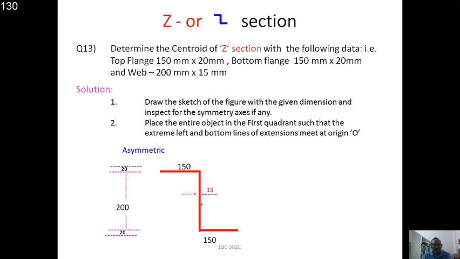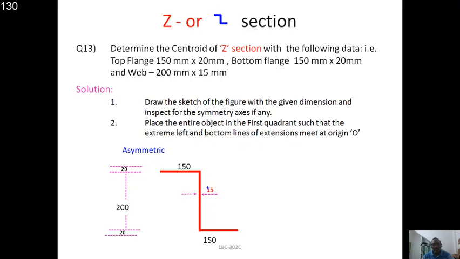Can you find any symmetrical axis here? Let us try to draw a symmetry axis. Is it symmetric or not? We have to see that. So I am drawing a line here to understand whether it is symmetric about both axes. No, because it is not a mirror image. If it is a mirror image, it should come here, right? But it is not on this side, it is on the right side, so hence it is not symmetric about the x-axis.